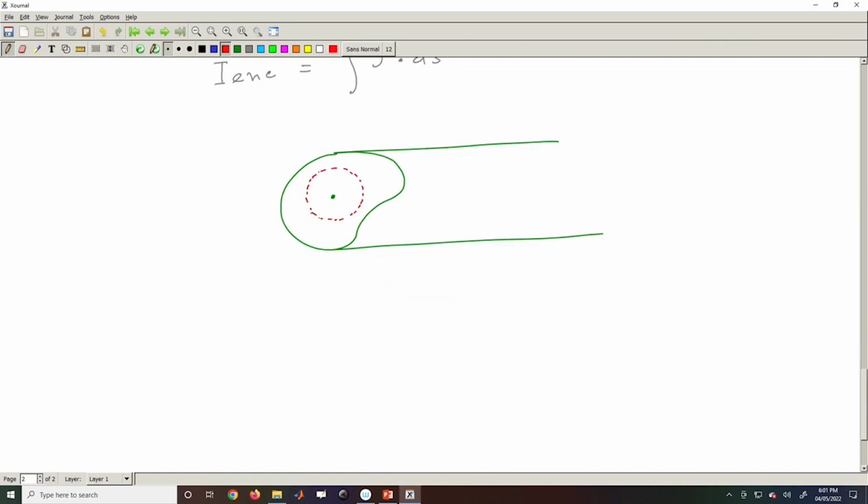As I mentioned, it is like the Gauss's surface. Here I just draw the Amperian loop, and this is the cross section of the wire.